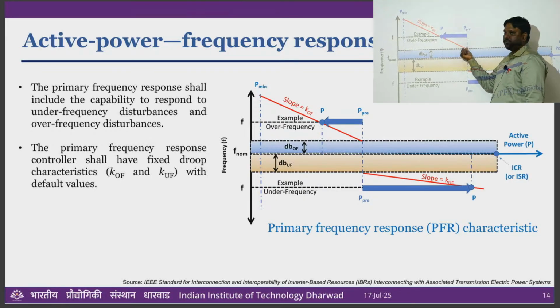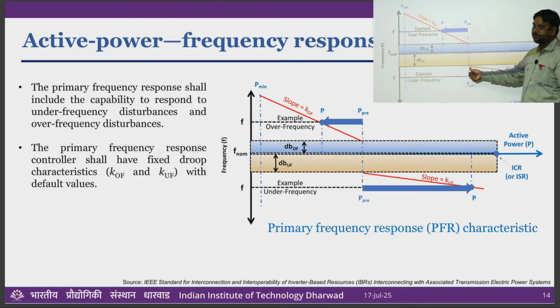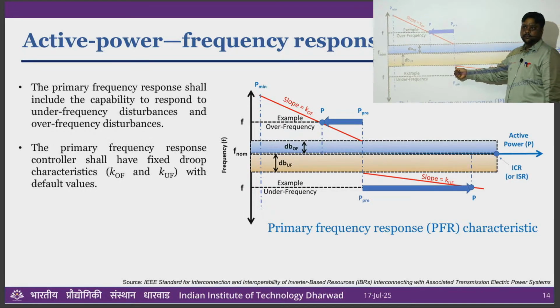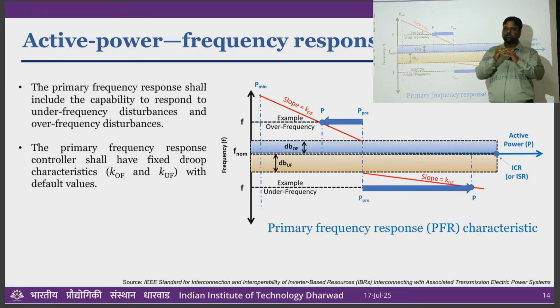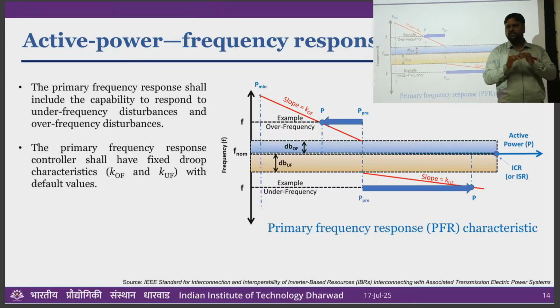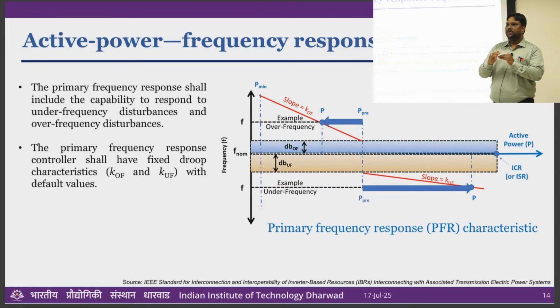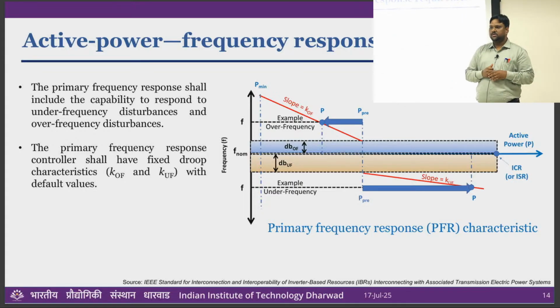The curve starts from here. So in order to maintain stability, they tell for small frequency variation, whether over frequency or under frequency, you don't bother about pumping more active power, because the system might get unstable.